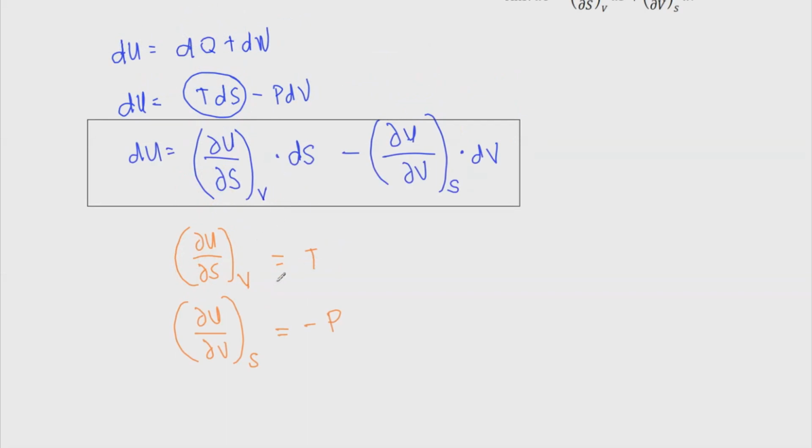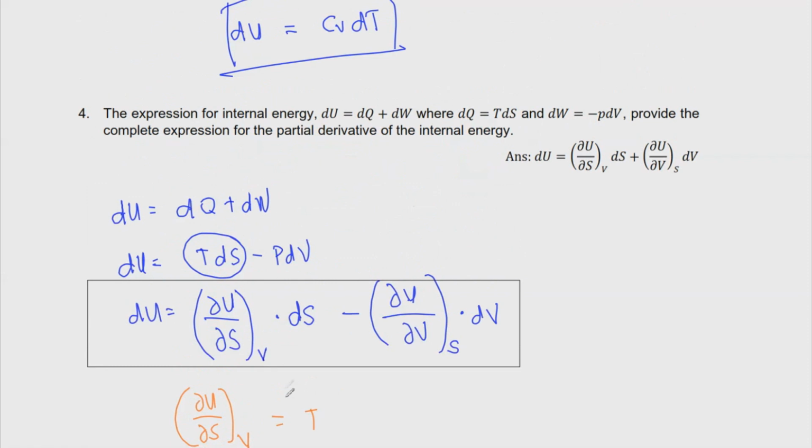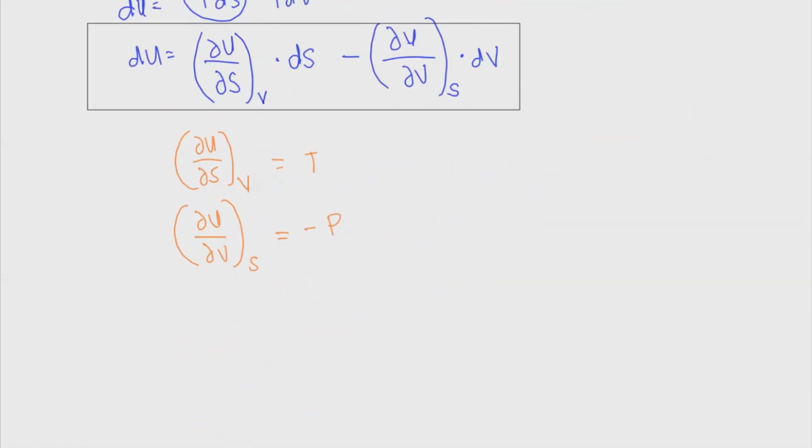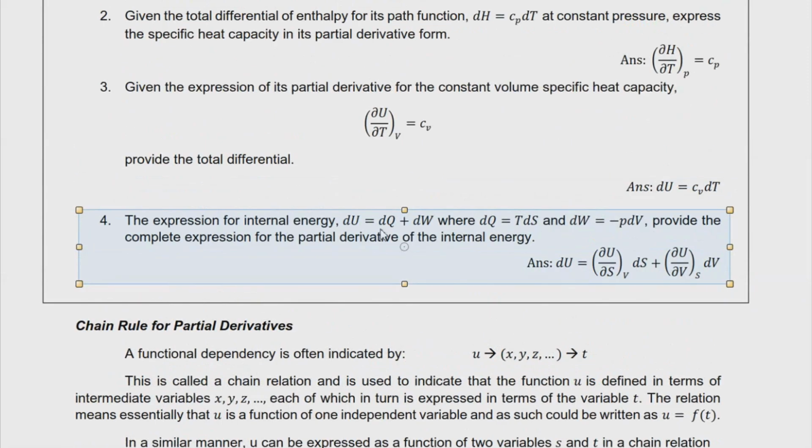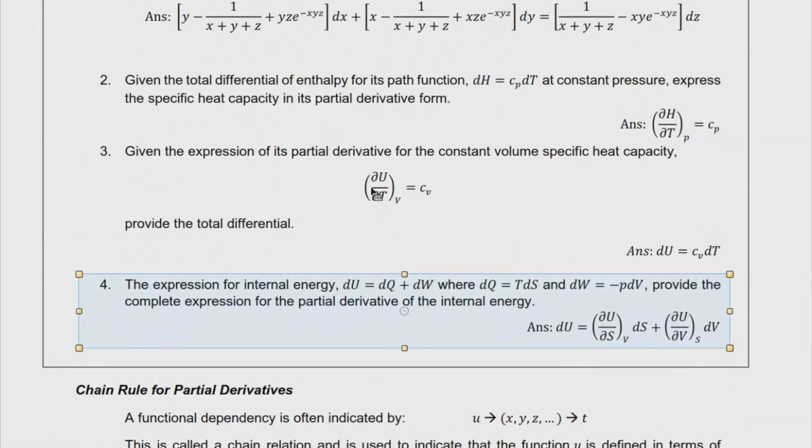So if you're asked, for example, what is the change in internal energy with respect to the entropy at constant volume, you know that that is actually the temperature. Or if you've been asked what is the change in internal energy with respect to the volume at constant entropy, you know that that is actually the negative pressure of the system. Okay, so that's it for our Clairaut's theorem.